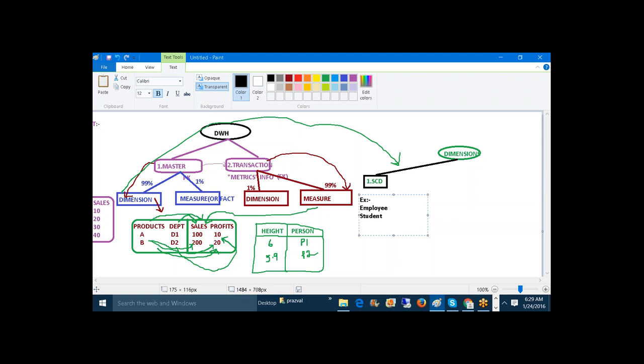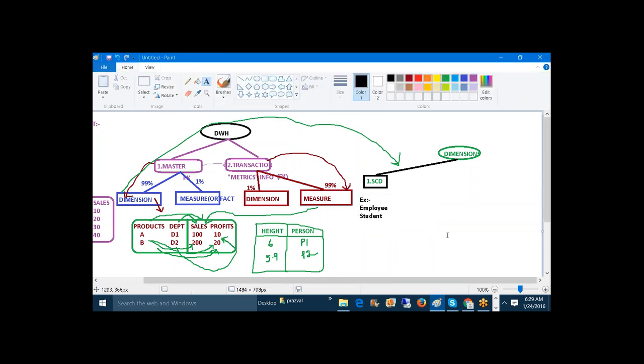During the period of schooling, the information will be maintained in the school, and similarly in the university. So if the data is changing over the period of time, then such a kind of dimension is known as slowly changing dimension.